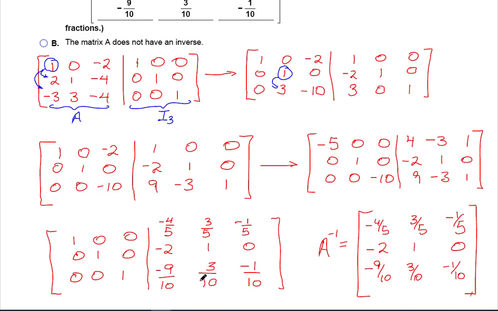So dividing by minus 10. And on the top one, I'm going to divide by minus 5. And so what I get now is A inverse, and that's the matrix that would undo what matrix A did, or A times A inverse is the identity.